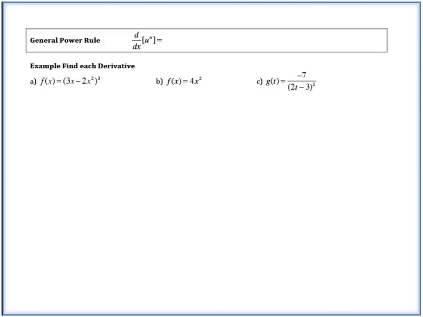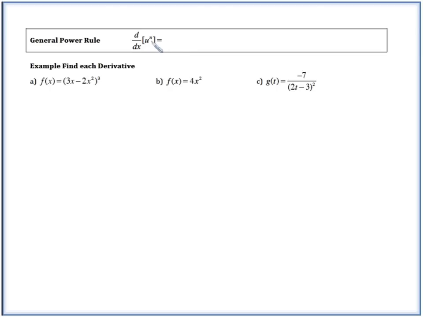Next we want to talk about the general power rule, and we're going to do this in terms of the chain rule here. So we have the derivative with respect to x of a function u to the n. So notice x is not listed here in our u, but u is going to be some sort of function of x.